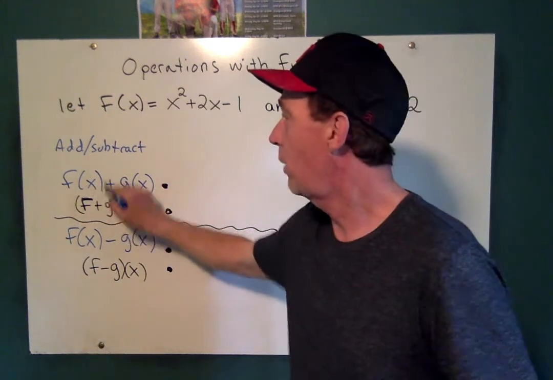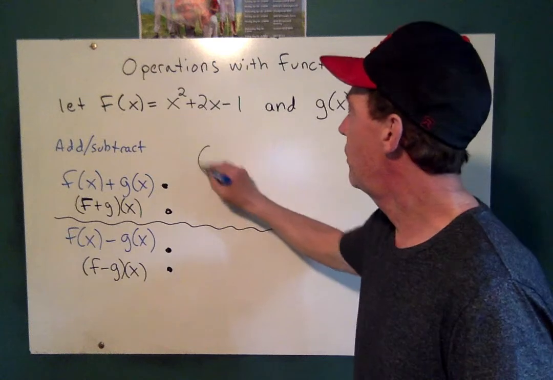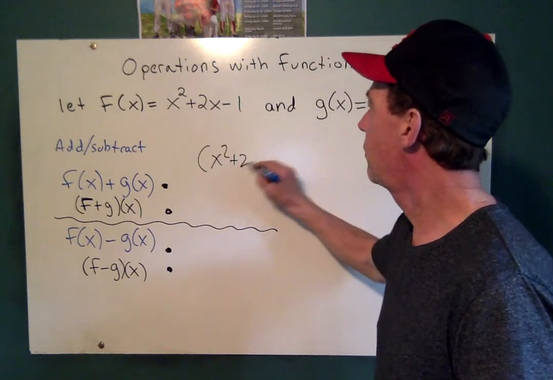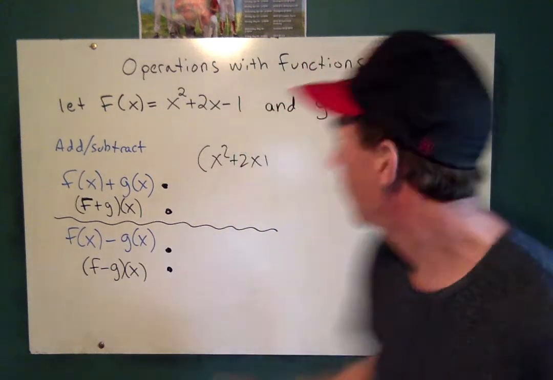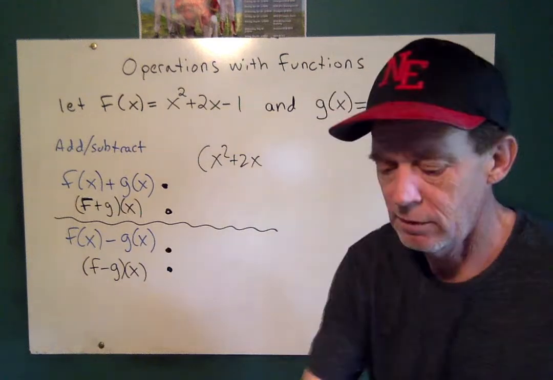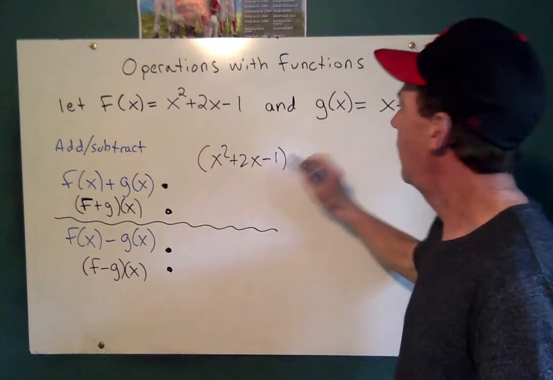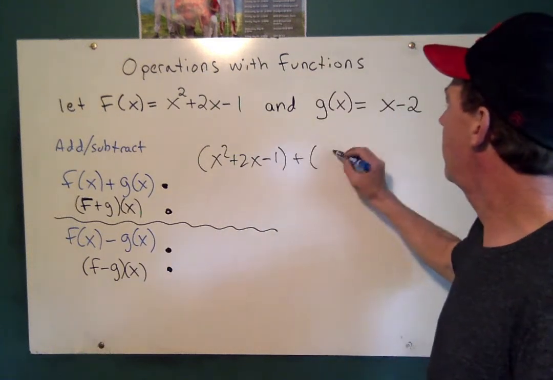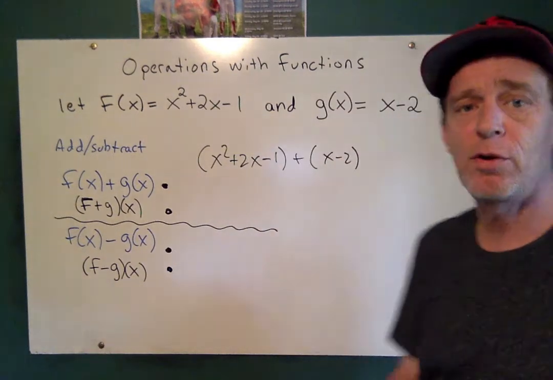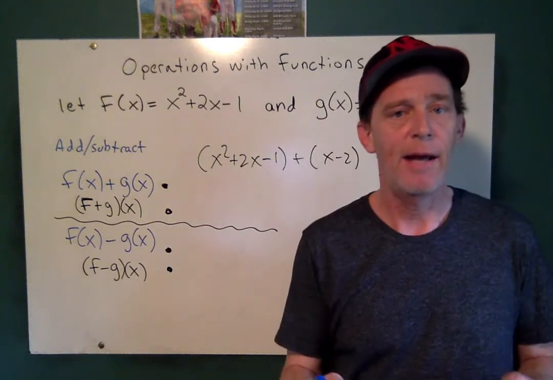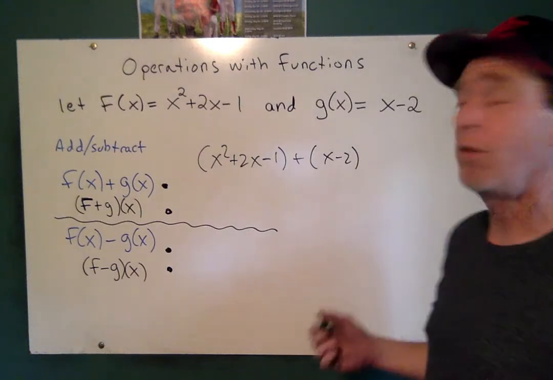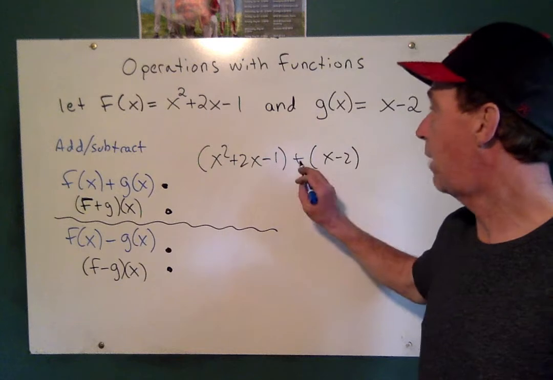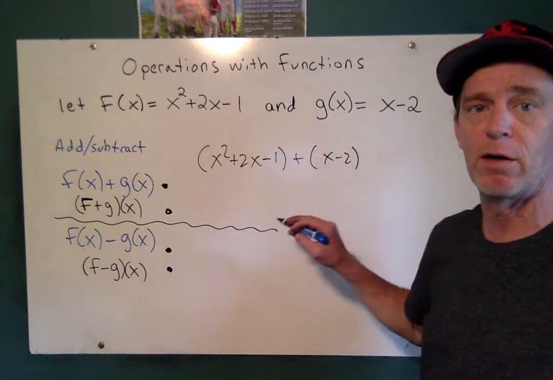So in this part, I take whatever f of x is, which is x squared + 2x - 1, and I add in (x - 2). Now you'll notice I'm using parentheses around it. That's to avoid sign errors, and it's just a good idea to use, especially when this is a minus sign, as distribution will occur.